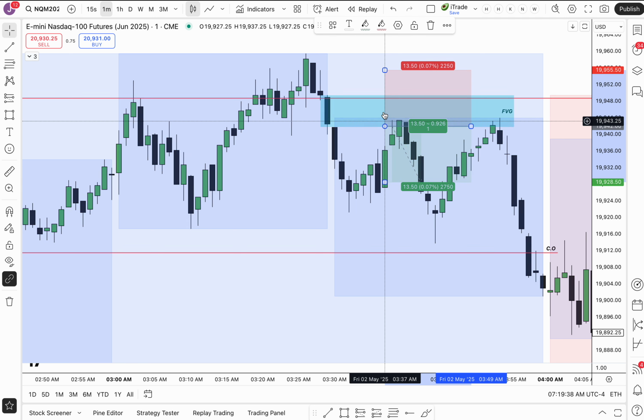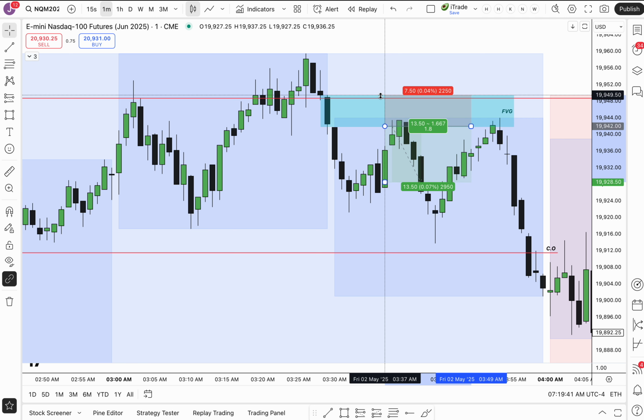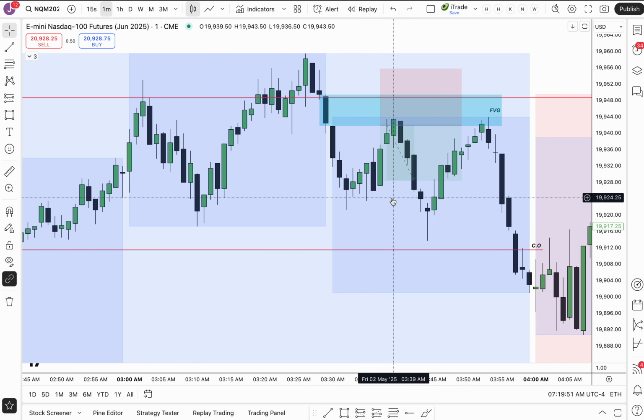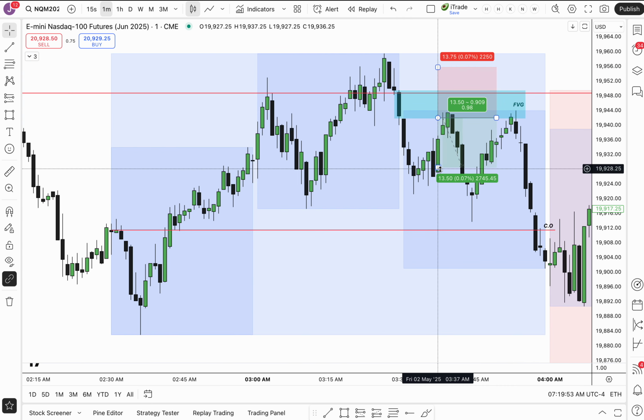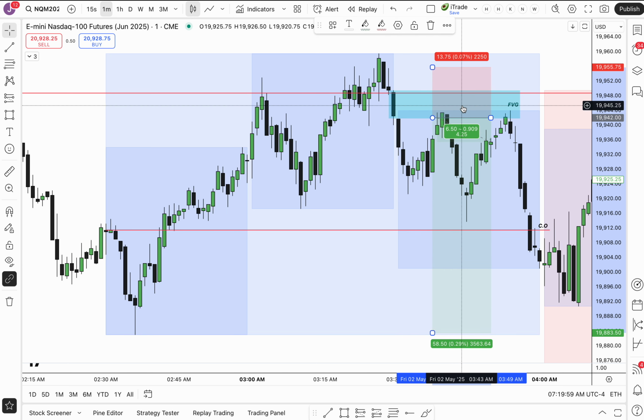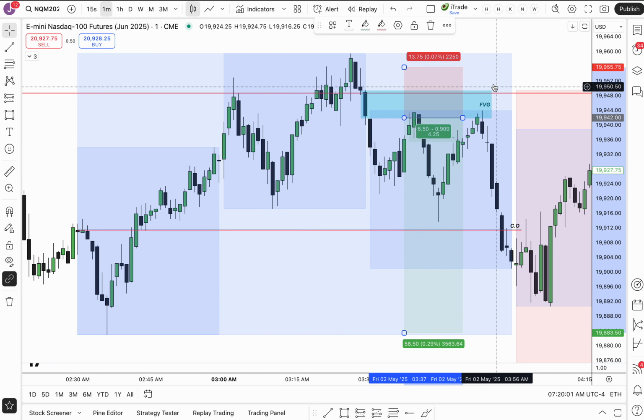You can confidently short here with your stop here, here, or here. Okay, I would probably do here on the 3 candle pattern. And then targeting cycle open, but really you want to target the cycle low to complete the sell model.